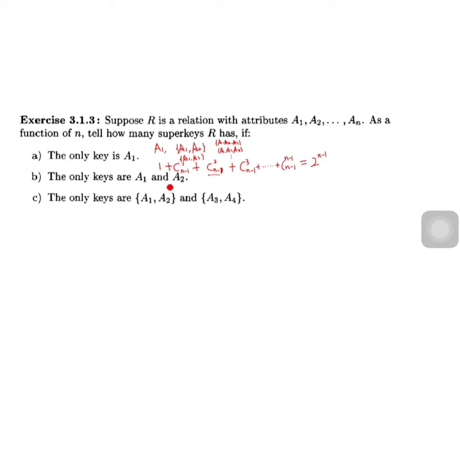Now, if the only keys are A1 and A2, we can compute the number of superkeys including A1, which we already computed.